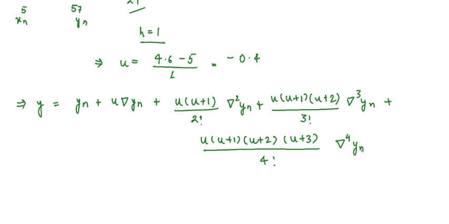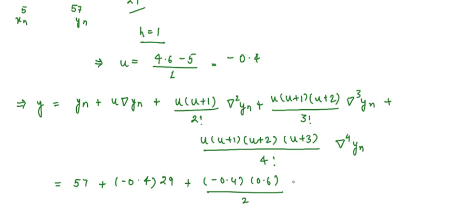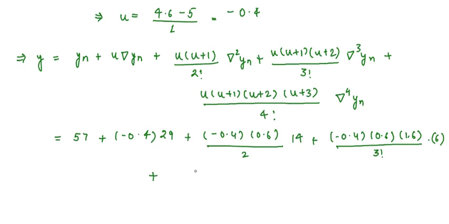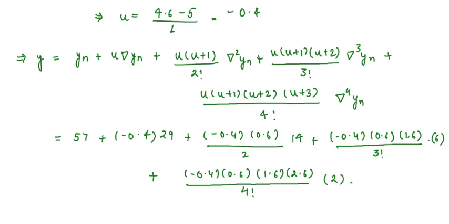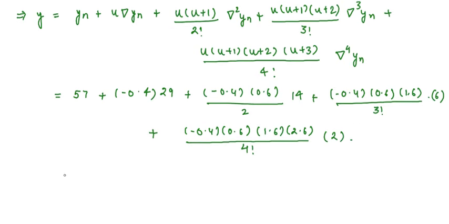Now substituting all the terms and values, we get y as 57 plus minus 0.4 times 29 plus minus 0.4 into 0.6 divided by 2 multiplied by 14 plus minus 0.4 multiplied by 0.6 into 1.6 divided by 6 and multiplied by 6, plus minus 0.4 into 0.6 into 1.6 into 2.6 divided by 24 into 2.